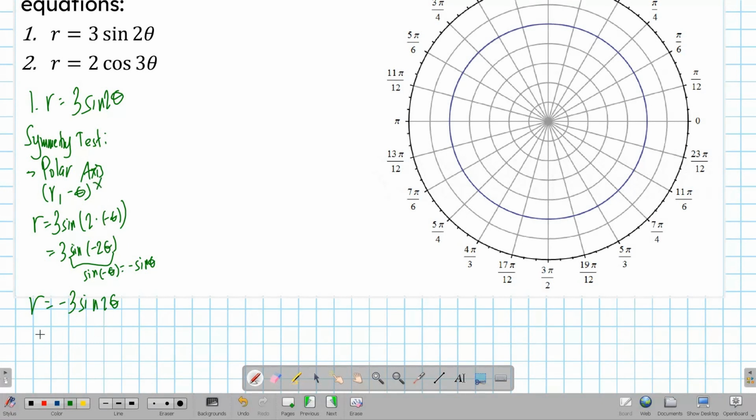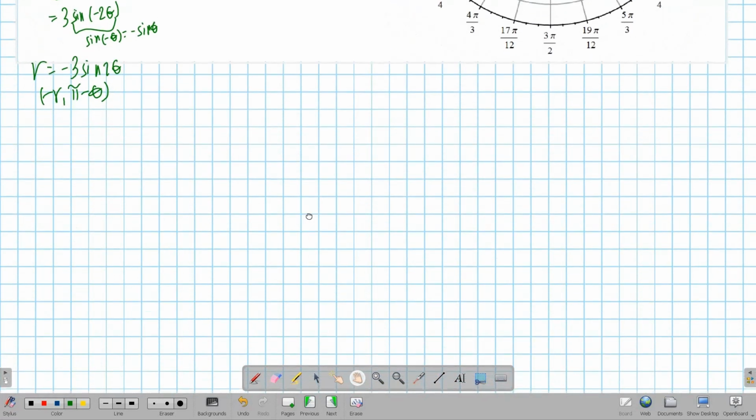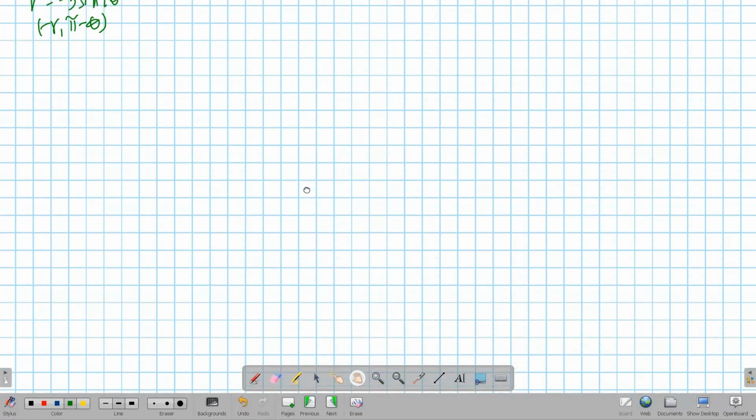Let's try if it would work with negative r and pi minus theta. So from there, we'll have negative r is equal to 3 sine 2 times pi minus theta. We have to distribute the 2, so negative r would be equal to 3 sine 2 pi minus 2 theta. This we have to expand using the difference identity.